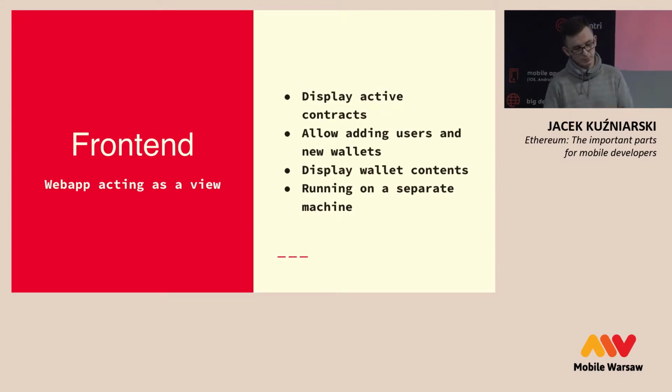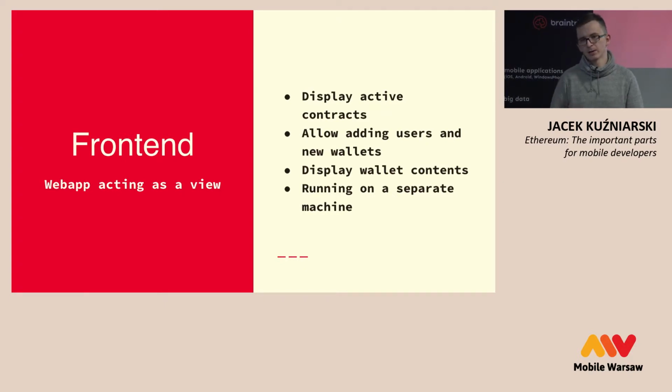We would display active contracts. We would allow adding users to the blockchain. This was a private blockchain, so creating a wallet to which you would get your crypto was also problematic, so we automated that. We wanted this completely transparent.